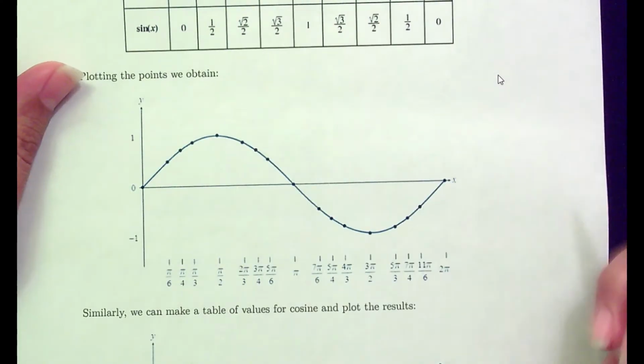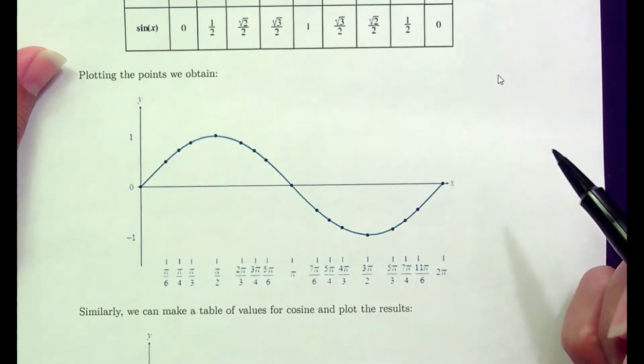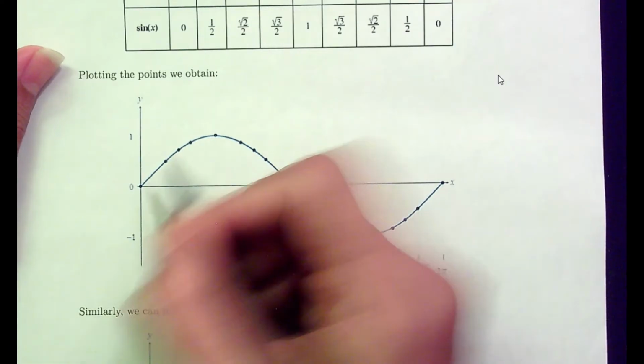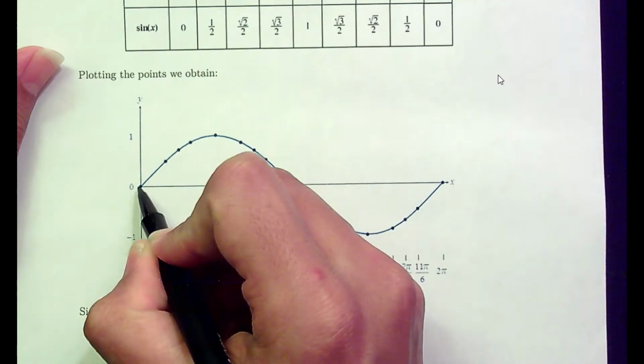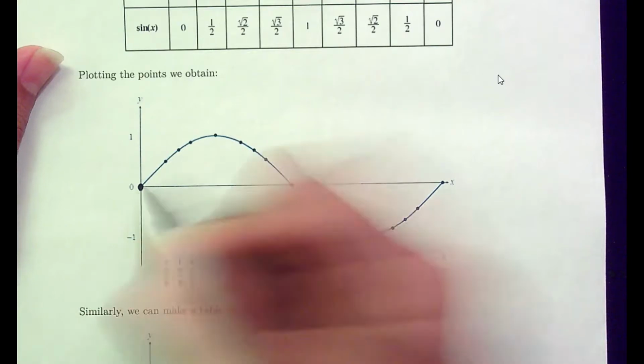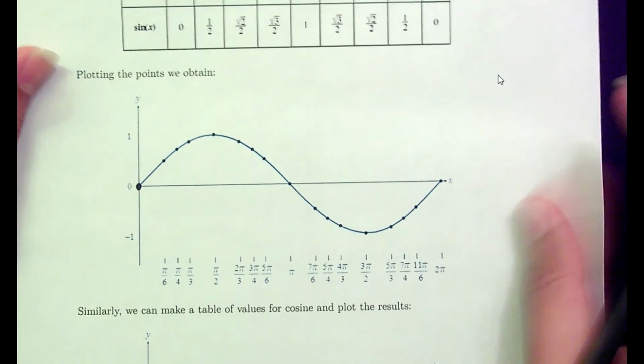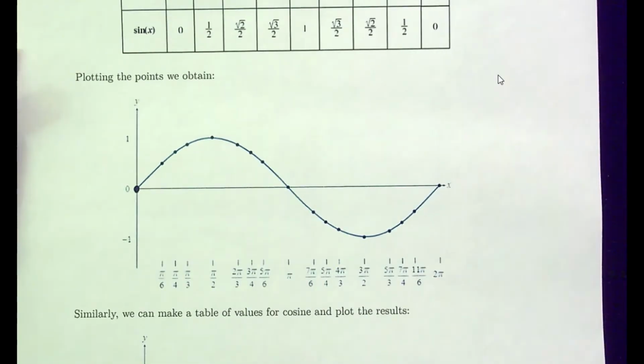There are several important points that you need to remember. First of all, sine of 0 is 0. So you can think of it as saying the graph starts at 0.